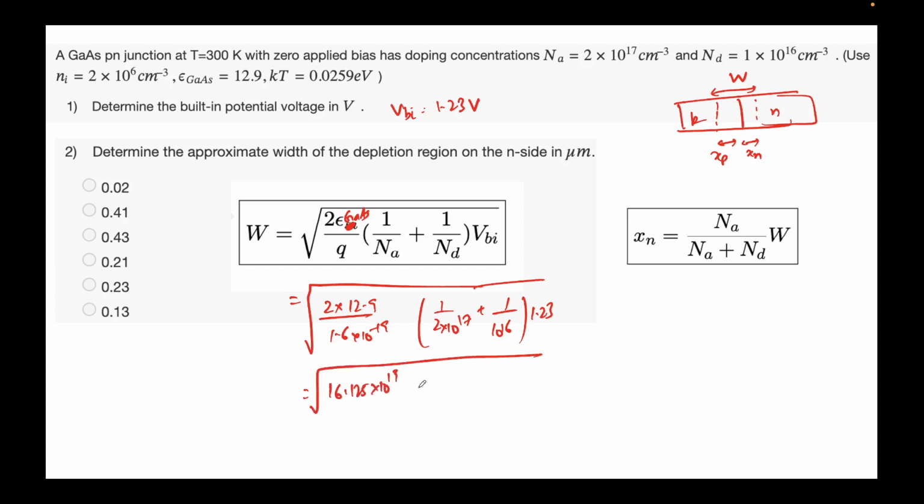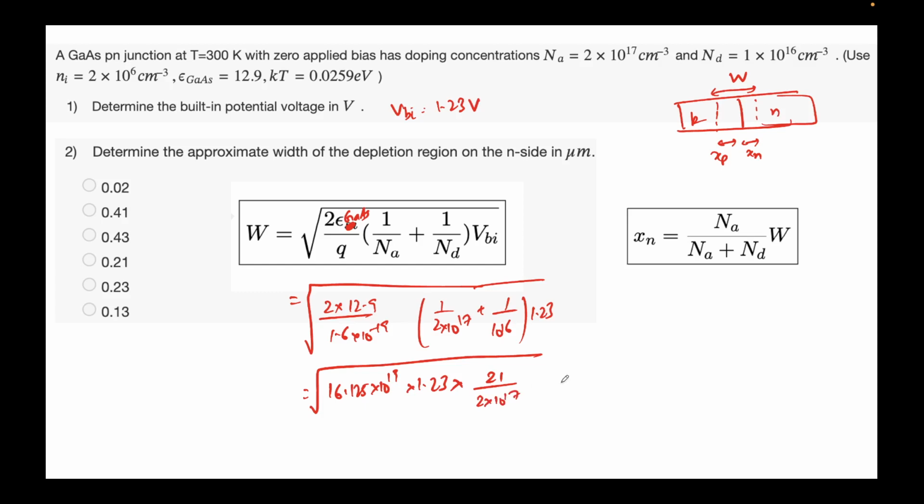This is again a square root times 1.23 times, so this term will turn out to be, this is 10 to the power 16. Let's say 2 into 10 to the power 17 we take as the LCM, so that's 20. So it will turn out to be 21 times 2 into 10 to the power 17.